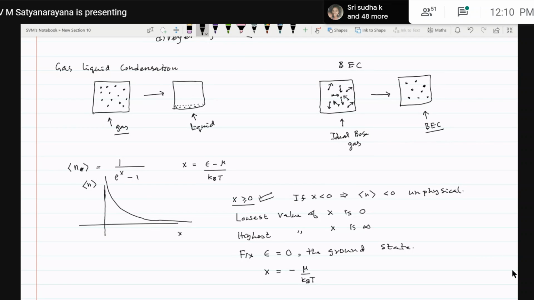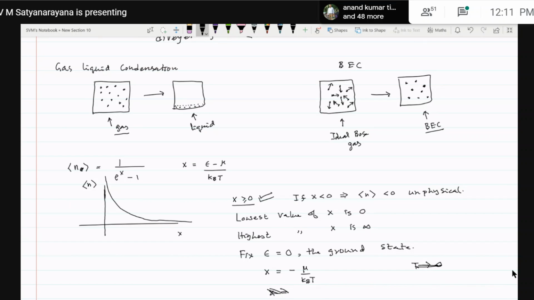If mu is anything which is positive, now let's say we look at what happens if T goes to 0. Okay, mu has to be equal to 0 in this case. Why?